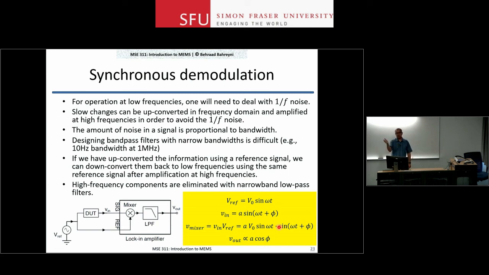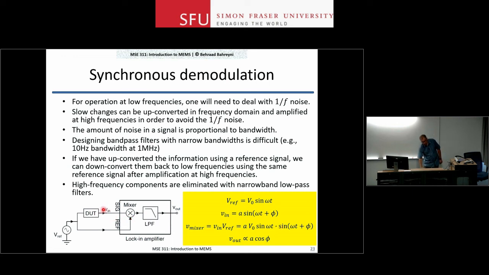But a 10 hertz low-pass filter is not a big deal. So what I can do is that I can go and multiply the reference signal with the output signal of my device under test, convert some of that information back to low frequencies, and cut it off with a low-pass filter. This technique is called synchronous demodulation.